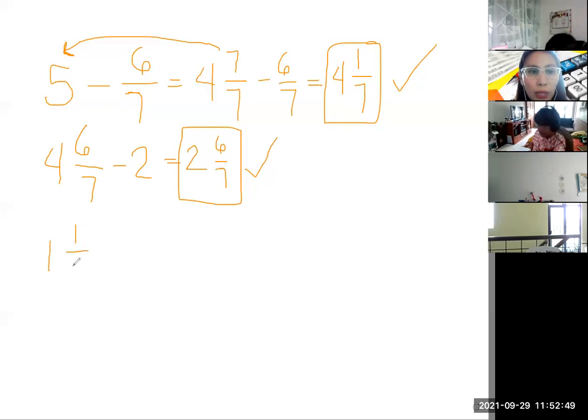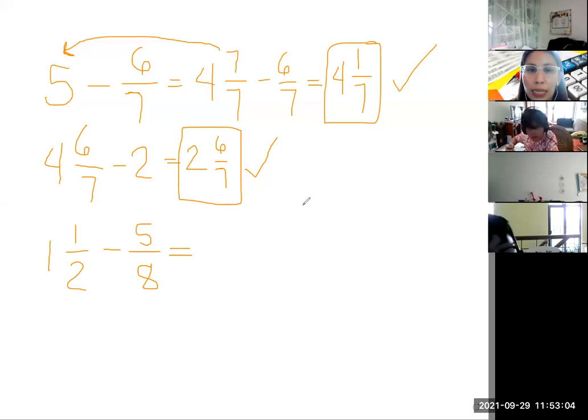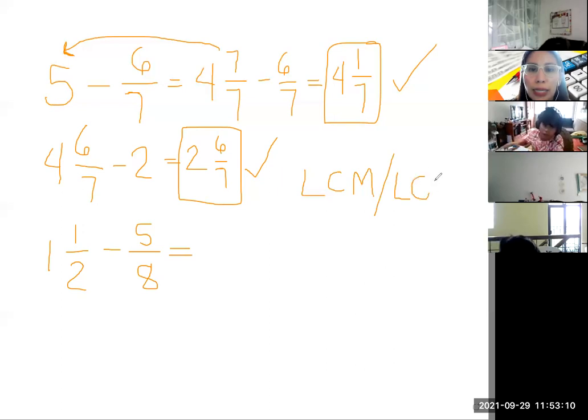Another subtraction problem. 1 and 1/2 minus 5 over 8. Again, in subtraction and addition, you need to find the LCM or LCD first.